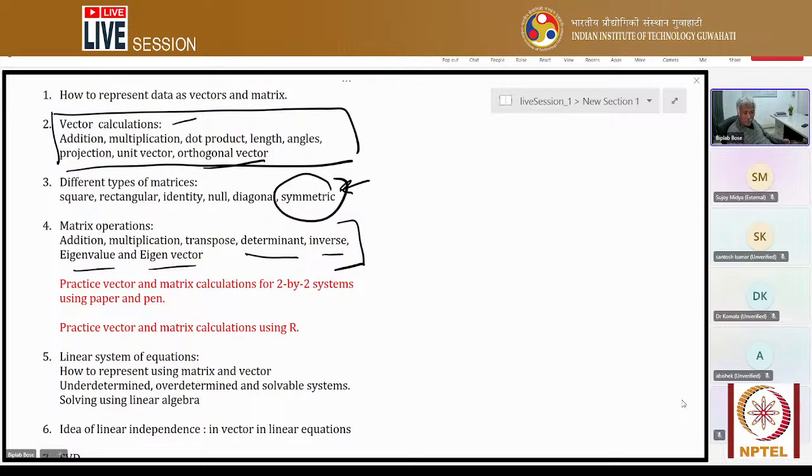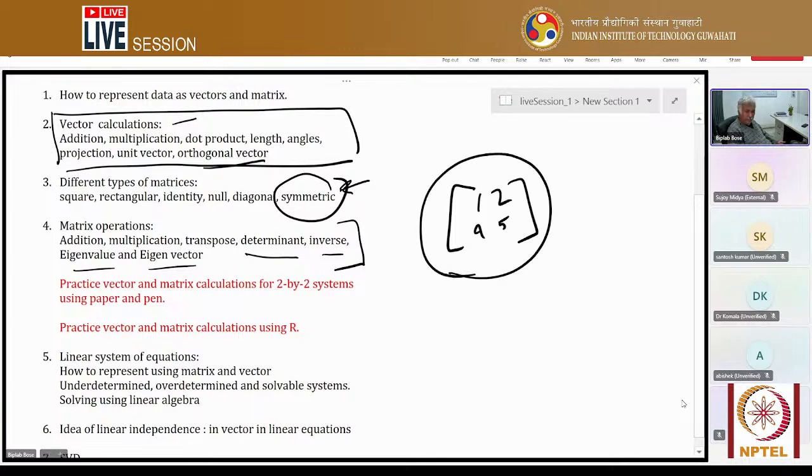Many calculations are difficult. But for a 2 by 2 matrix, like a matrix like this, 1, 2, 4, 5. If this type of two-dimensional matrix, right, this is 2 by 2, 2 rows, 2 columns. For this type of matrix, you can easily calculate the inverse manually. You can easily calculate the determinant, right?